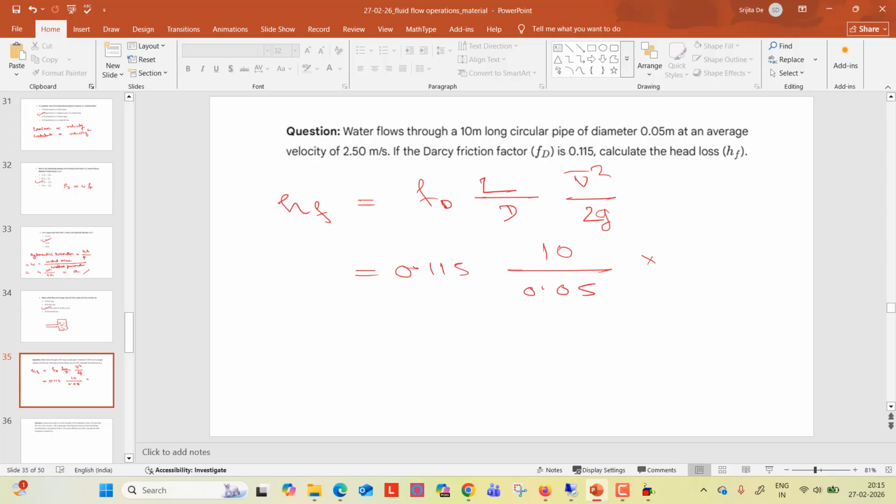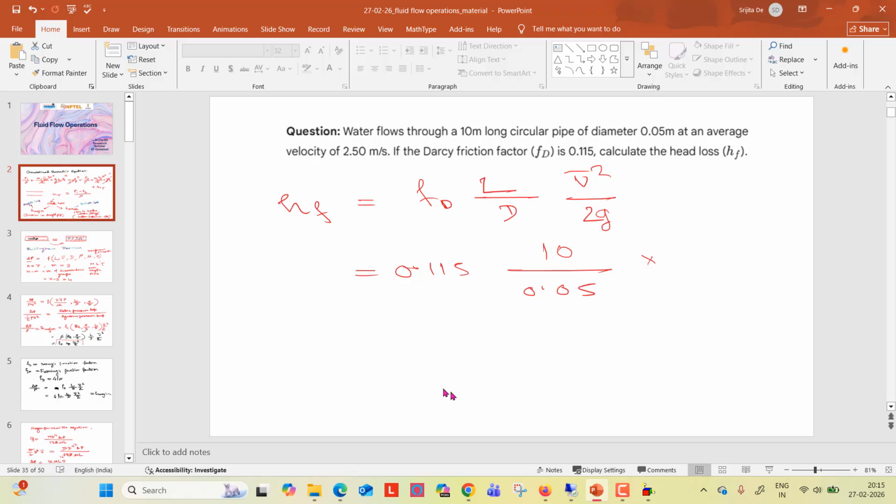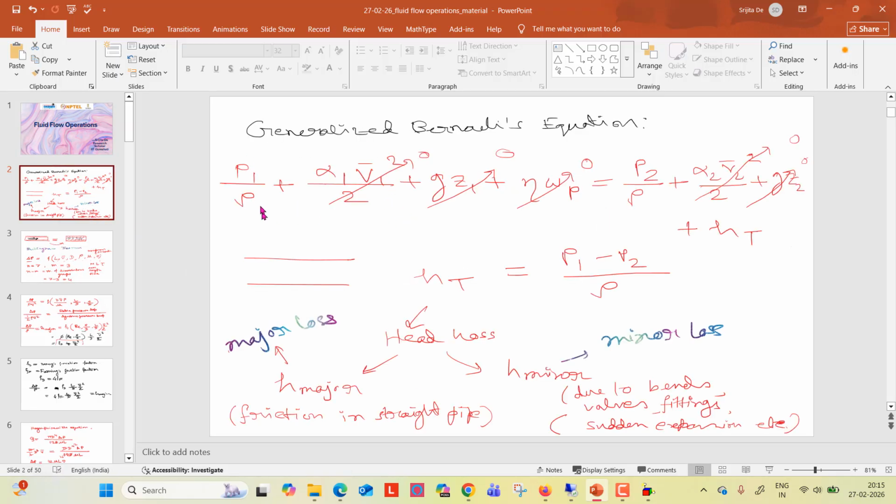If you are confused with the previous expression that I derived first, there is a G everywhere, okay?